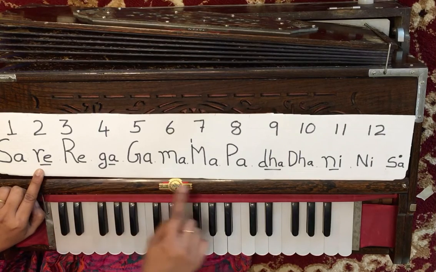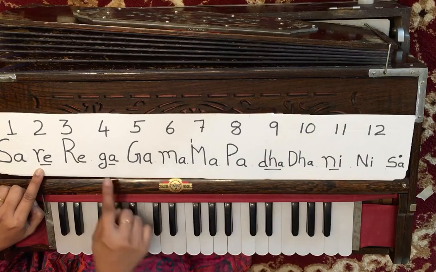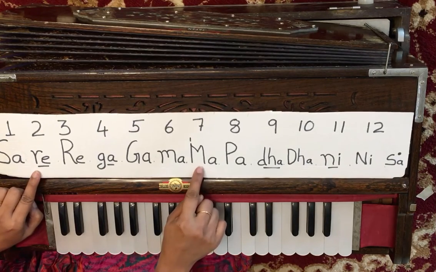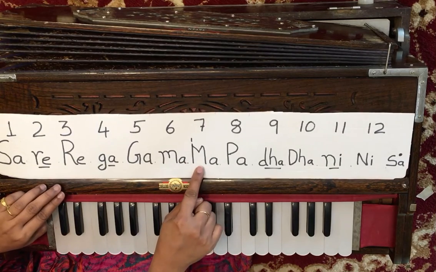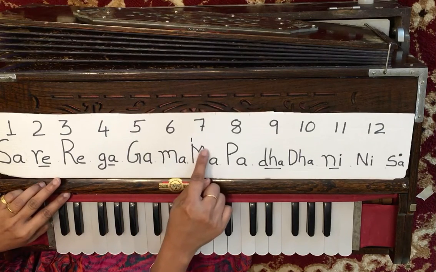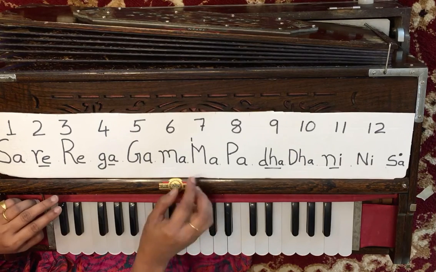these are called komal notes, or flat or minor notes. This one note, number 7, is called a sharp or a teevra ma. Yeah, a teevra or a sharp note. Why? Because it is slightly sharper, right?